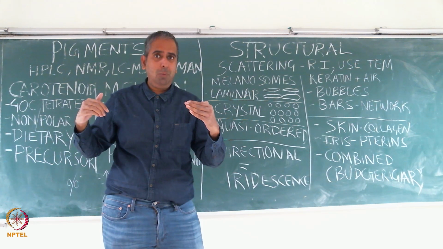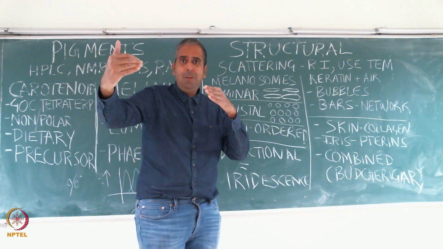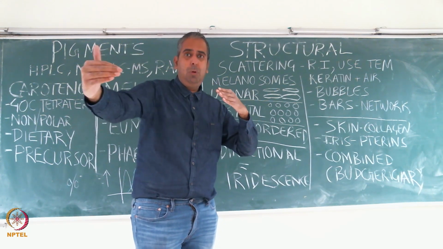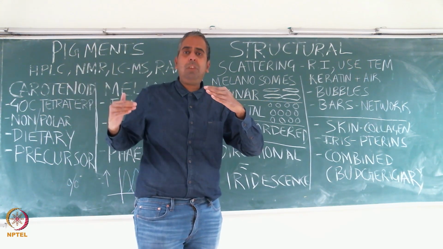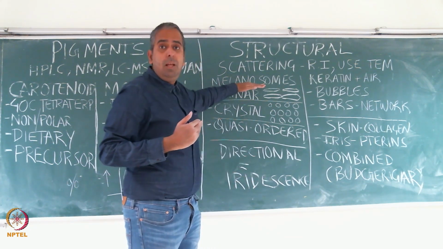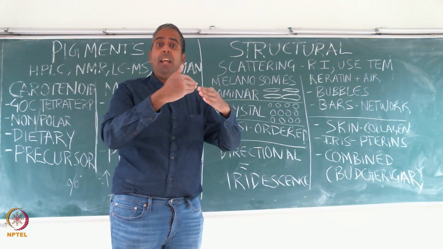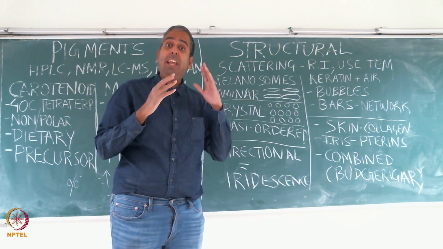I hope you see where I'm going with this. If you're standing in the path where it's being scattered, you might see an intense blue color. But if you're off that direction, all you'll see is black. Because of melanosomes, you'll just see black. That kind of highly directional scattering is referred to as iridescence.